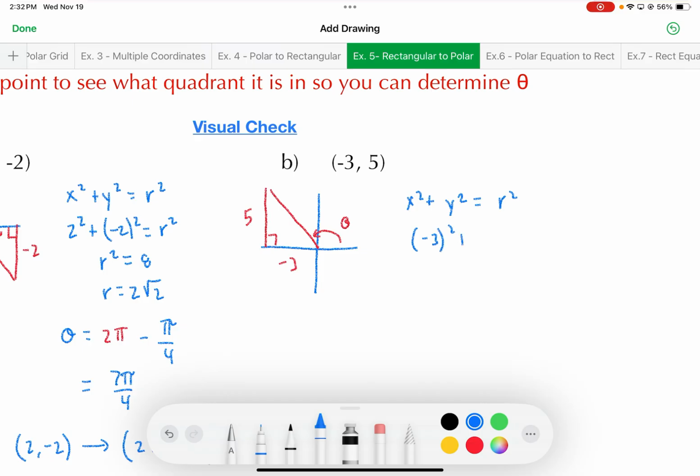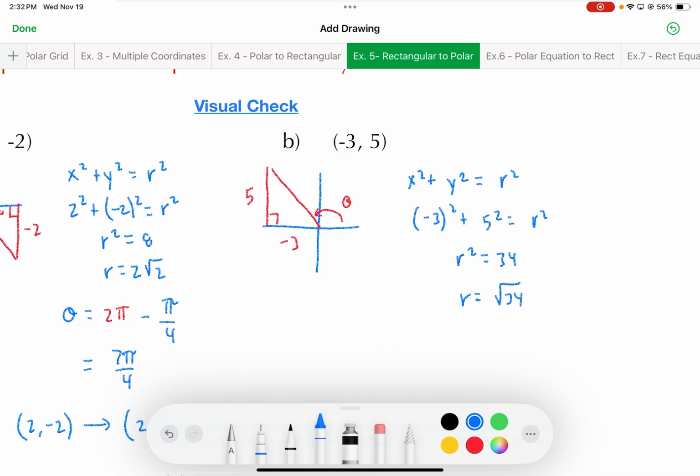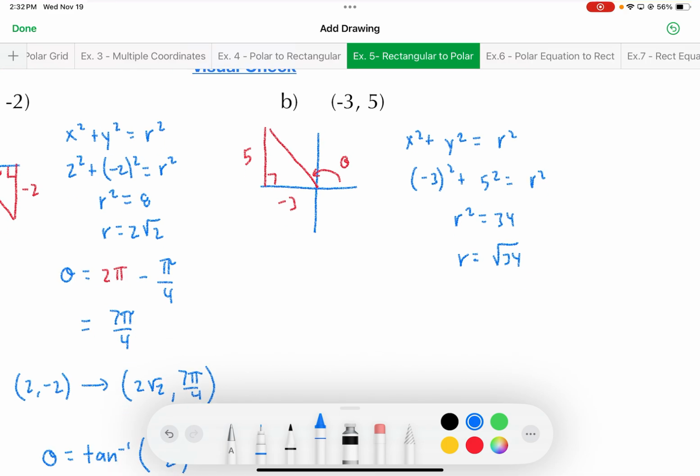That's negative 3 squared plus 5 squared equals r squared. r squared is going to be 34. r is radical 34. Okay, now let's get theta.